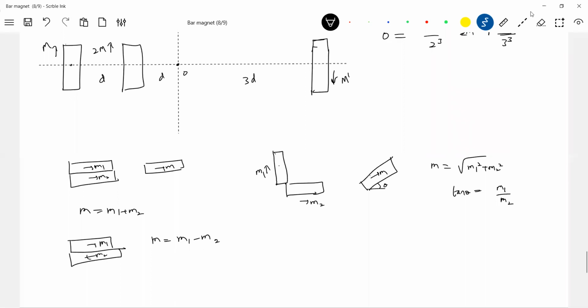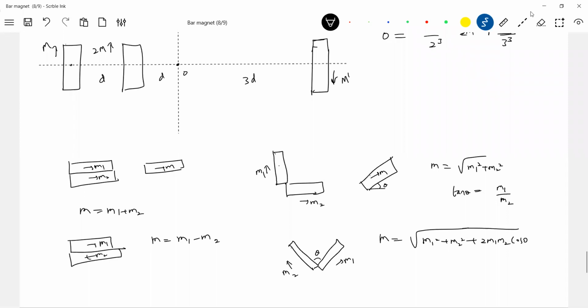Now, if the bar magnets are oriented like this, at some angle, as dipole moments are vector quantities, the resultant dipole moment is given by m1 square plus m2 square plus 2 m1 m2 cos theta, all under root.